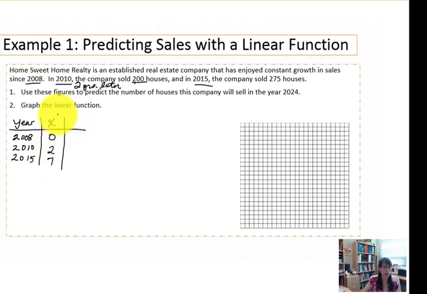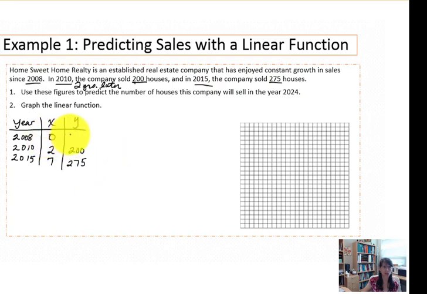Then we need our output value. So the output value would be our y value, and that would be number of sales. So we were told that in 2010 there were 200 houses sold. And in 2015, there were 275 houses sold.